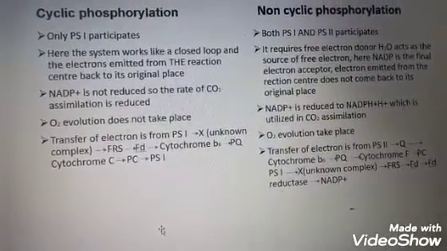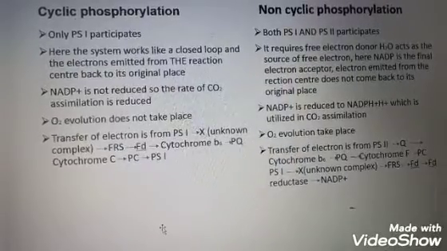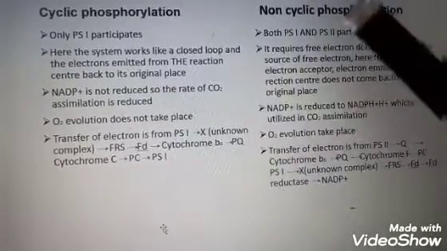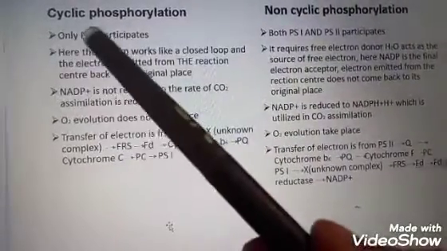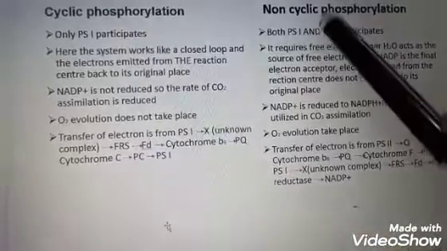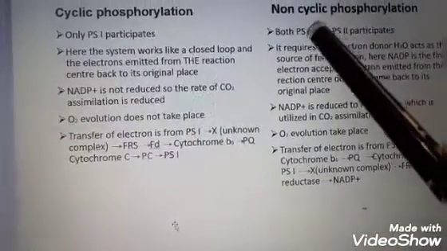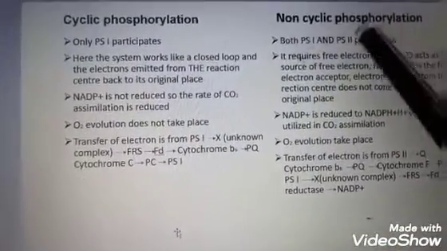The first difference is that in cyclic photophosphorylation only photosystem 1 participates, whereas in non-cyclic photophosphorylation both PS1 and PS2 participate.